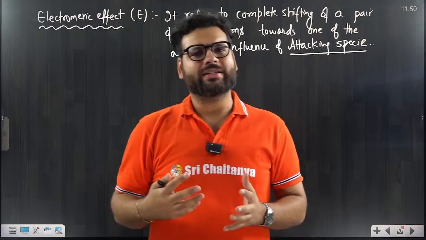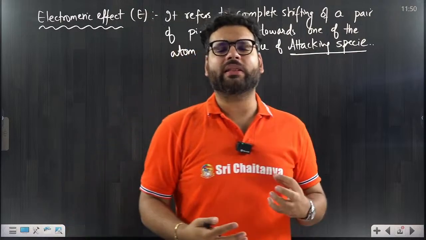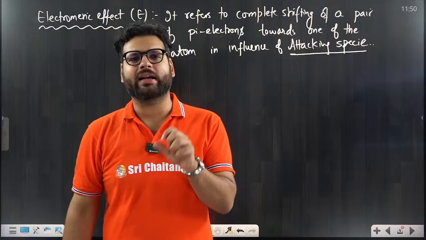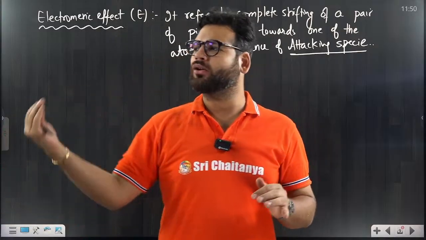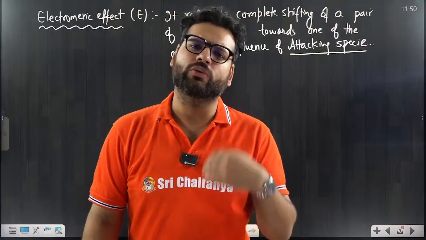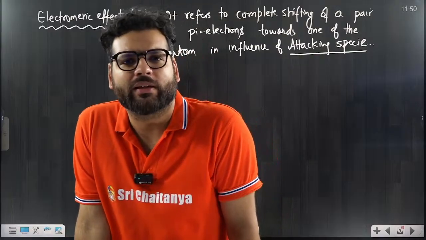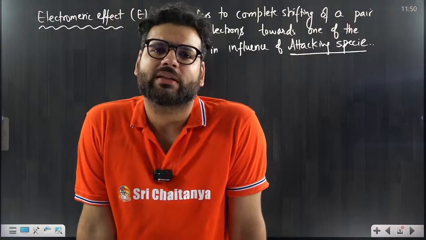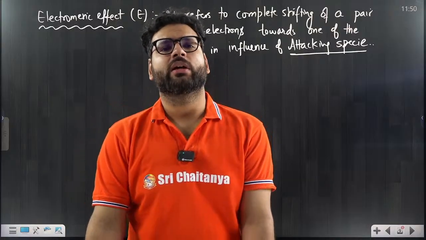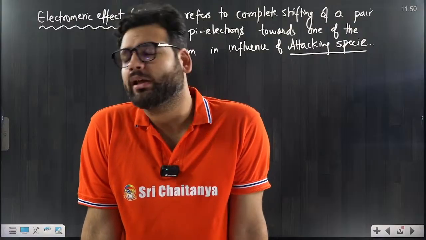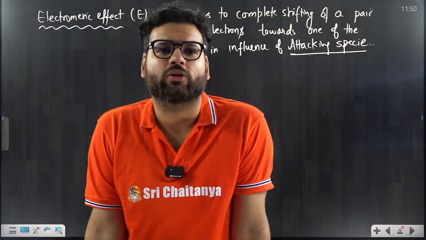That is the plus electromeric effect, when the movement of electrons is in the direction in which the attacker is coming to attack. So if the attacker attaches to A and electrons also move towards A, that is plus E. Plus E means same direction. Wherever the attacking species comes, there only the pi electrons move.